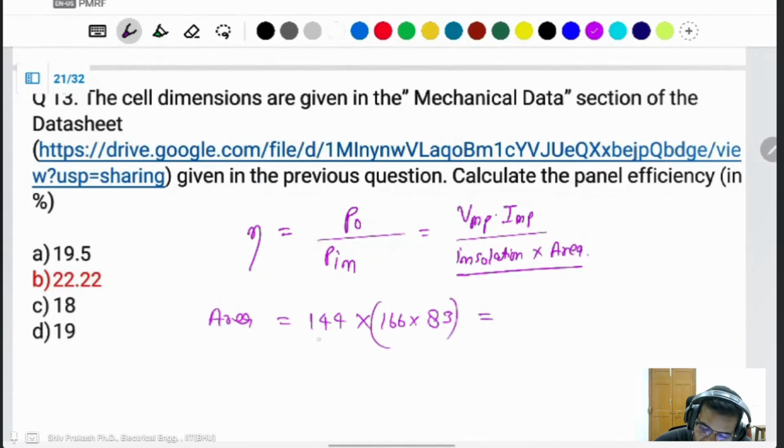This is the area, and this is the number of cells connected, because here we are asking about the final efficiency. This is in mm, so we convert to meters by multiplying by 10 to the power minus 6. Calculating everything, it will be like 1.98 meter square.